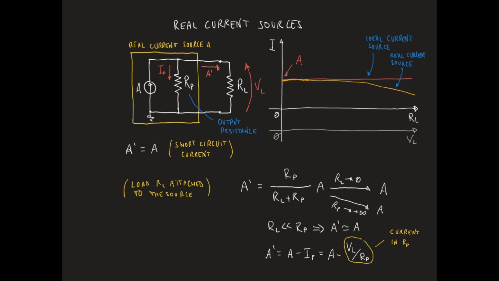On the other hand, a current source doesn't like to work with an open circuit because in that case, the voltage at the output of the current source would go to infinity, and also the power provided by the current source to the load would go to infinity.